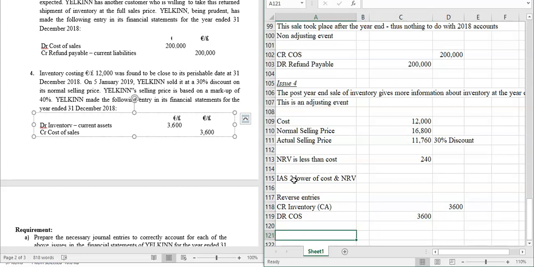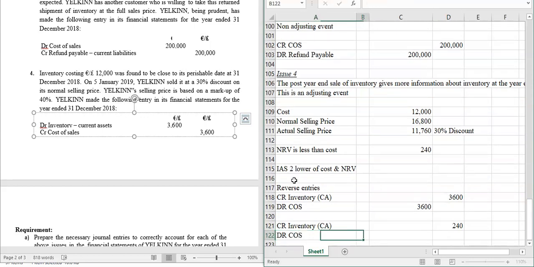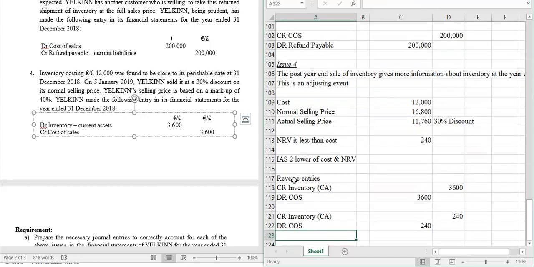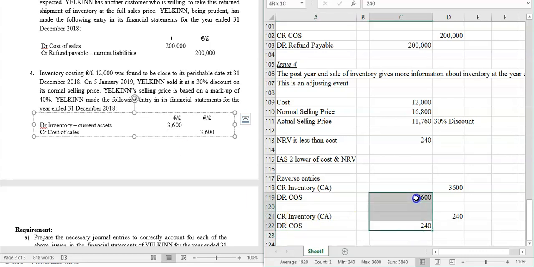And instead, what you're going to do is reduce inventory, current asset, bring it down by 240, and debit cost of sales, 240. So don't forget the entries that are already there. You need to deal with those first. You can try and do it all together, with one single debit to cost of sales and one single credit, or you can do them separately. Either one is fine, and you get full marks either way.